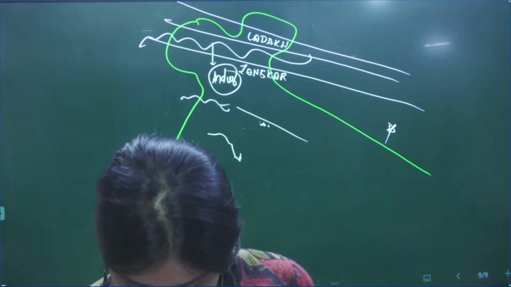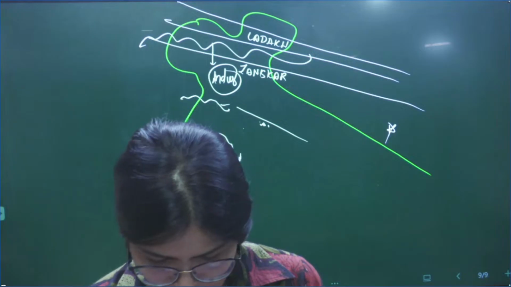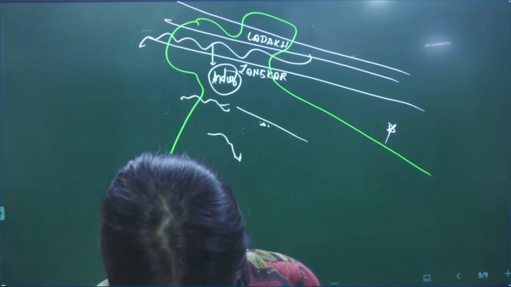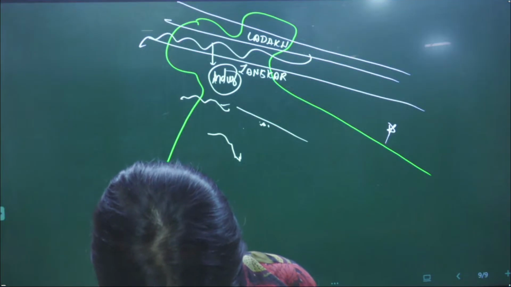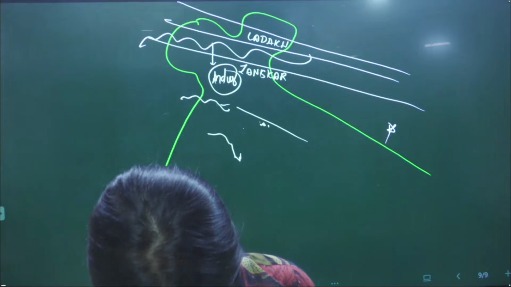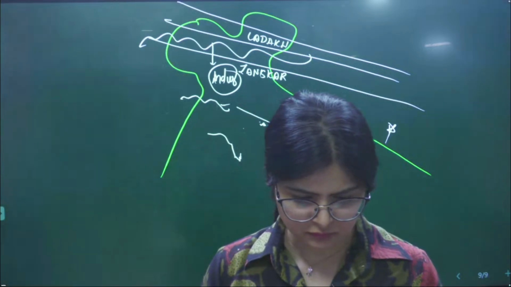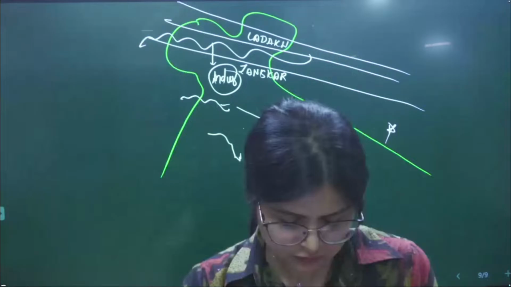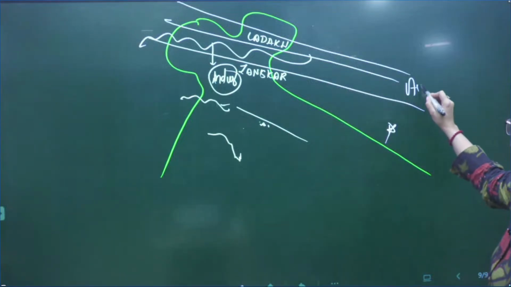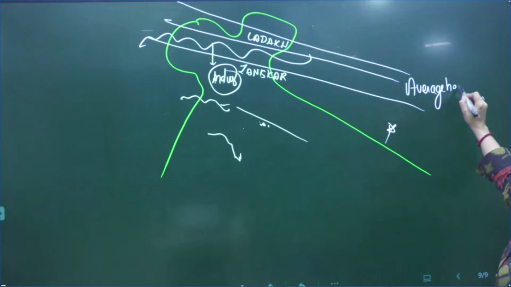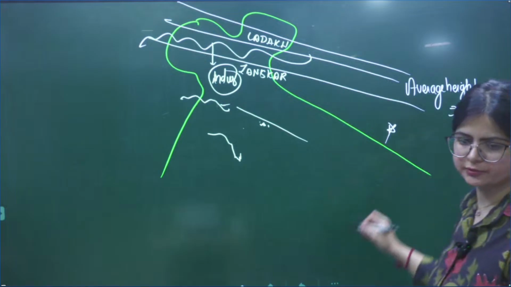This is the highest range of the Himalayas. Full stop. The average height of this range is 6,100 meter.